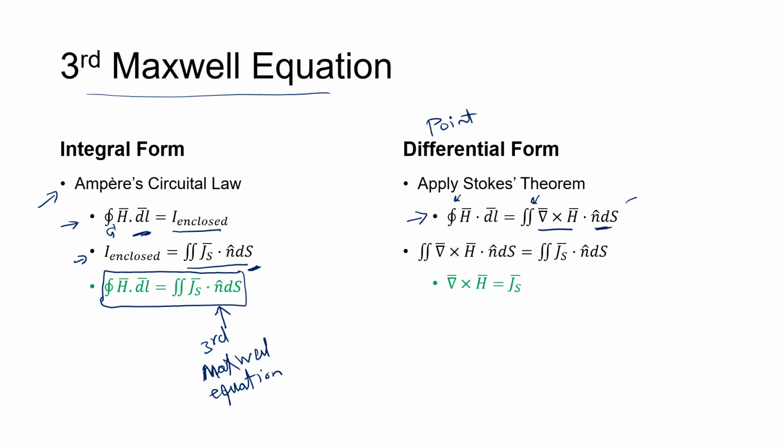Then you equate it with the right hand side, and you get a double integral over the same surface. Then you can conclude that what is inside the one is equal to what is inside the other. At the end we conclude that curl H is equal to J. Again, this is named the point form or differential form of the Maxwell equation.